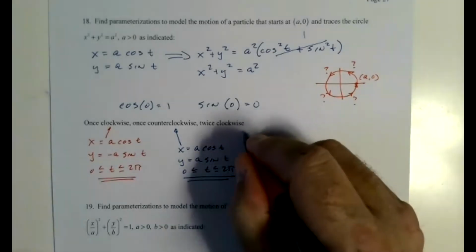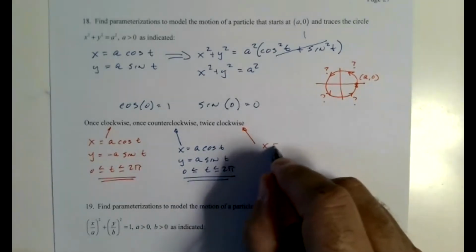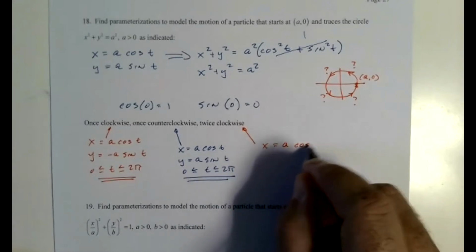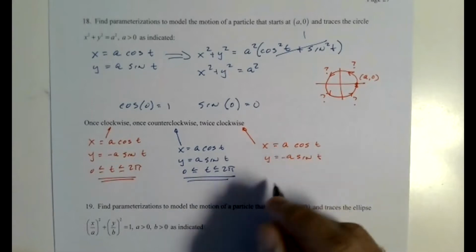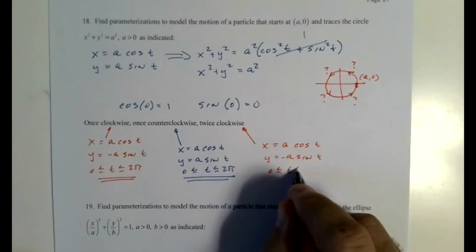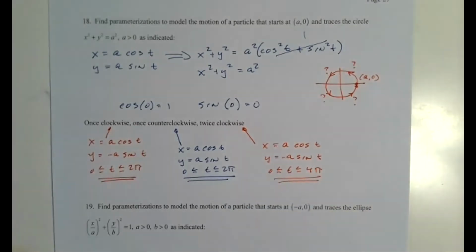And then clockwise, that's the first one. x equals a cosine of t, y equals negative a sine of t, 0 less than or equal to t less than or equal to 4 pi. Cool stuff.